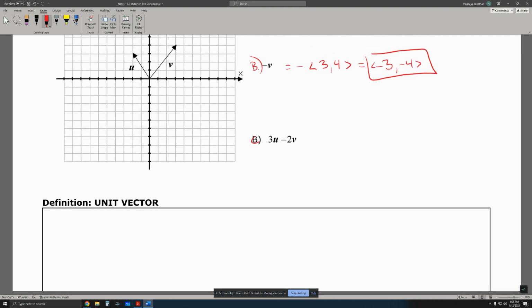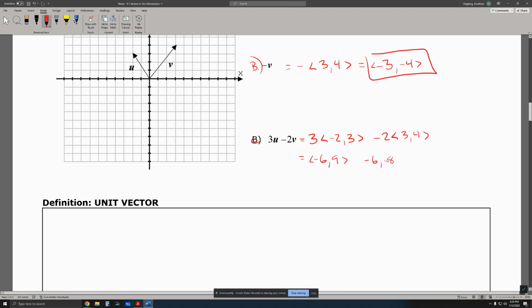We're going to start by writing out 3 times u. Remember, vector u was ⟨-2, 3⟩, and then minus 2 times vector v, which we know was ⟨3, 4⟩. Distributing the 3, we get -6, and 3 times 3 is 9. So this is 3u. And then distributing the -2, we get -6 and -8.